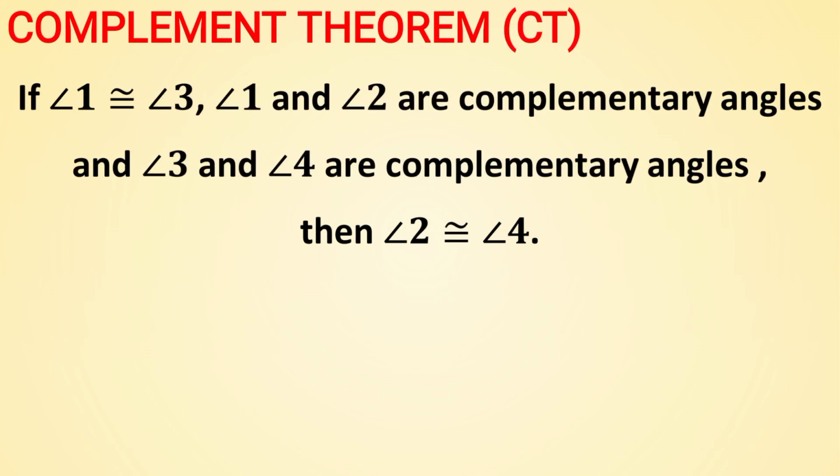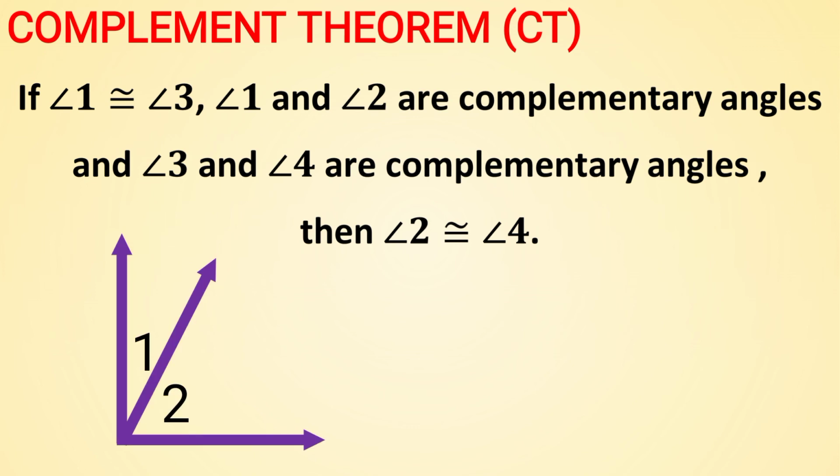Complement theorem. If angle 1 is congruent to angle 3, angle 1 and angle 2 are complementary angles, and angle 3 and angle 4 are complementary angles, then angle 2 is congruent to angle 4.